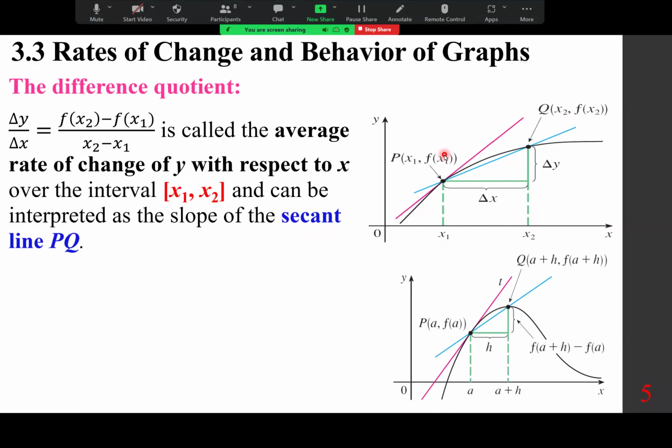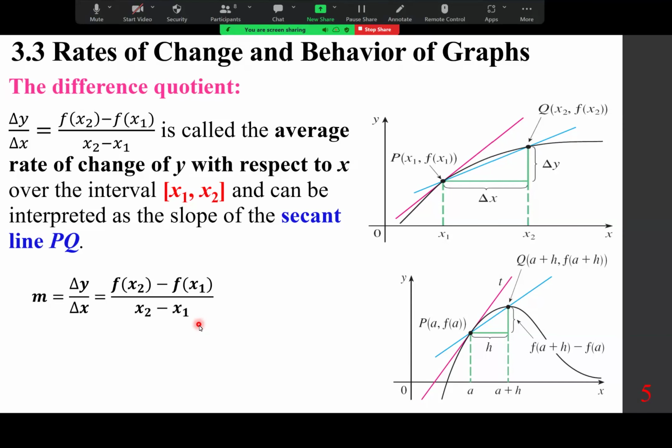Depending on how we do the writing here, we are going to have the following. m is rise over run. If you go with these 2 points, the way they are given, f of x2 minus f of x1 over x2 minus x1.